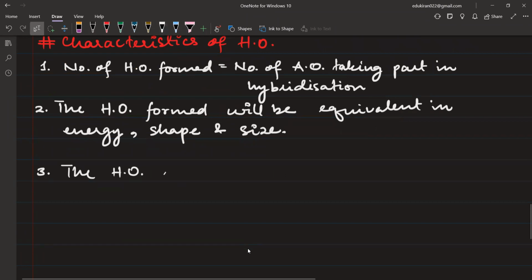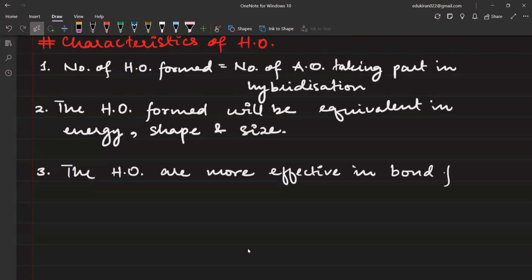The hybrid orbitals are more effective in bond formation than the pure atomic orbitals.